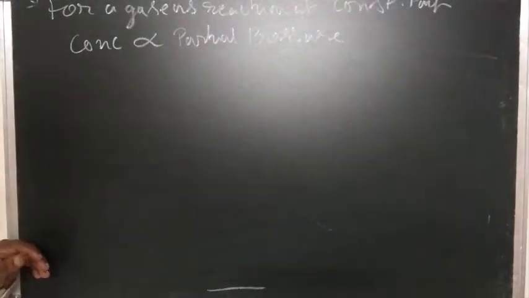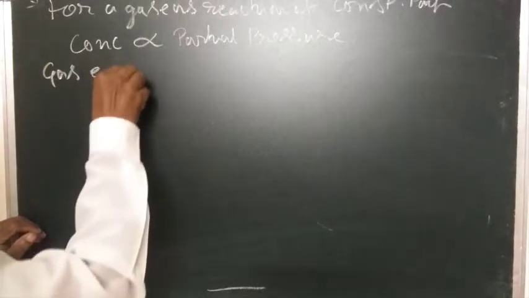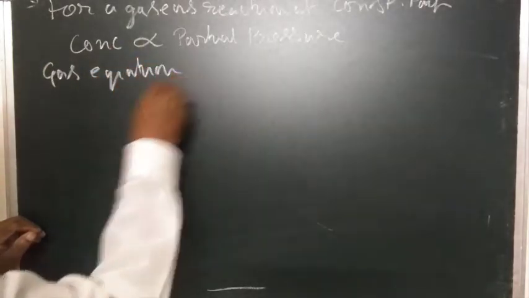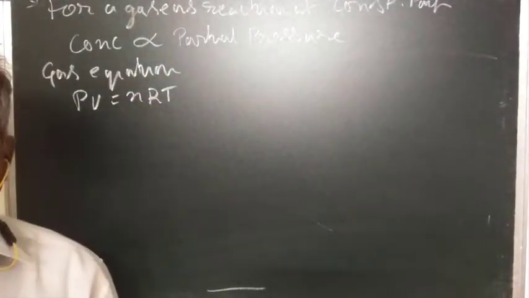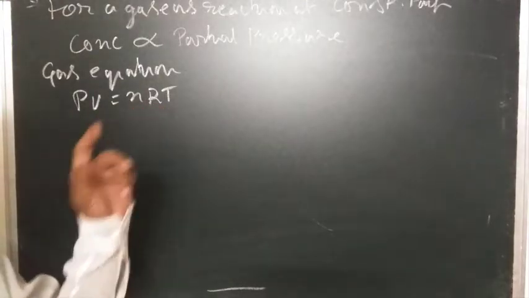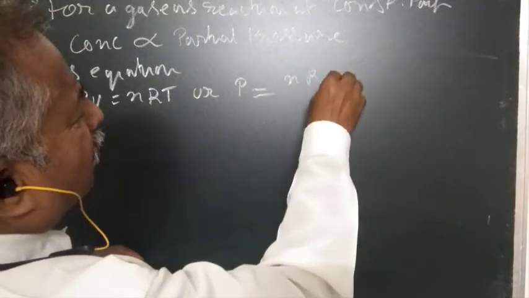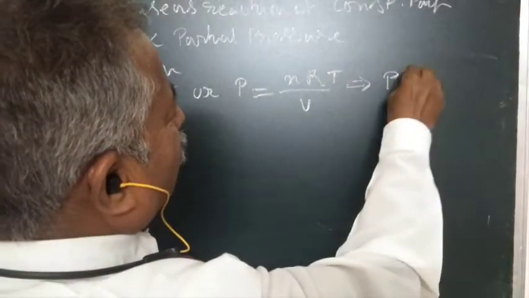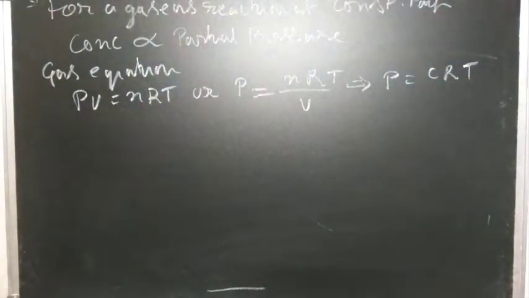Therefore, what is the gas equation? The universal gas equation: PV equals nRT, where the letters have the usual notation: pressure, volume, number of moles, gas constant, and temperature. P equals nRT by V. This implies P equals CRT, where C is nothing but the concentration.